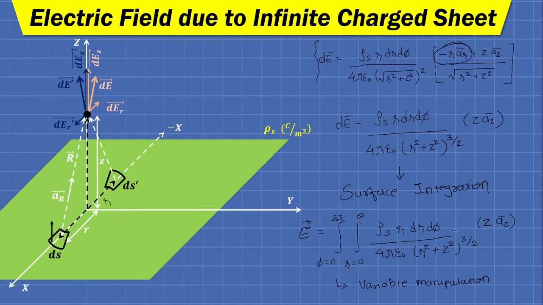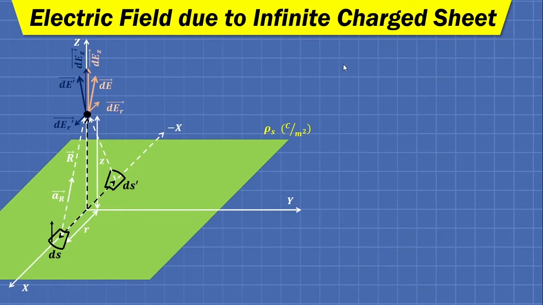So in variable manipulation, let me write the equation. So r equals 0 to infinity, phi equals 0 to 2 pi, rho s z r dr d phi whole divided by 4 pi epsilon 0 r square plus z square raised to 3 by 2 az bar.